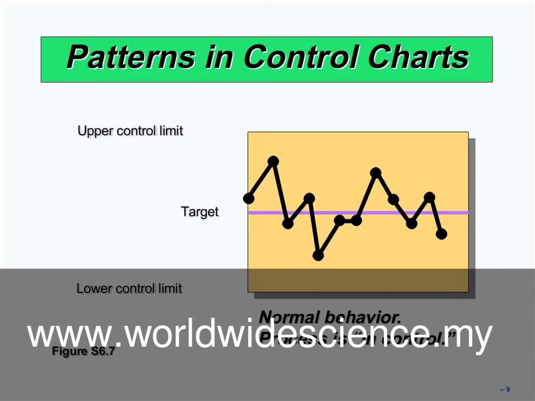If you see all of the points located between the UCL, or upper control limit, and the lower control limit, this is the normal behavior, so the process is in control. If you face this pattern, you can say that certainly the process is under control.